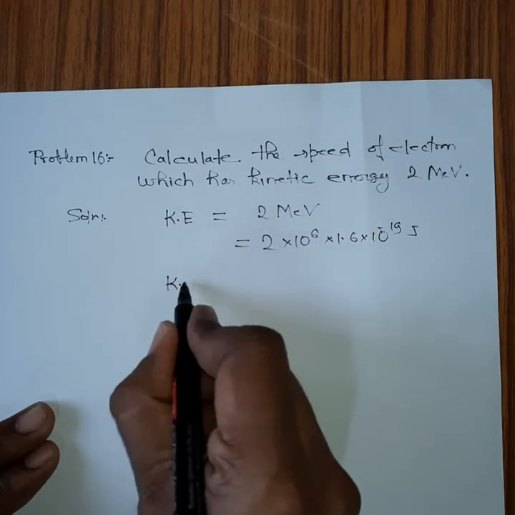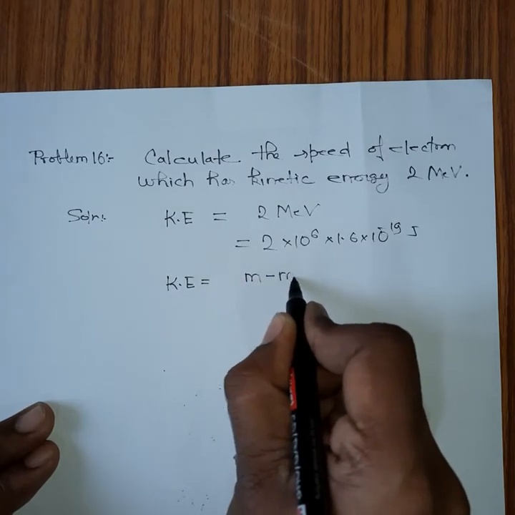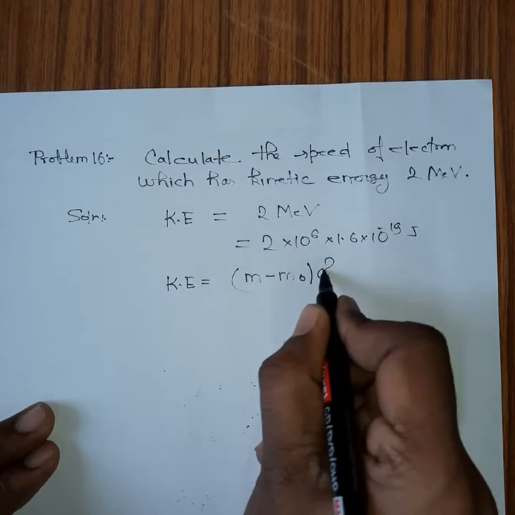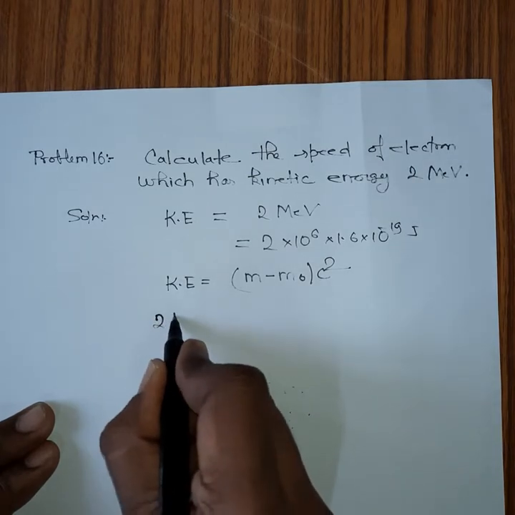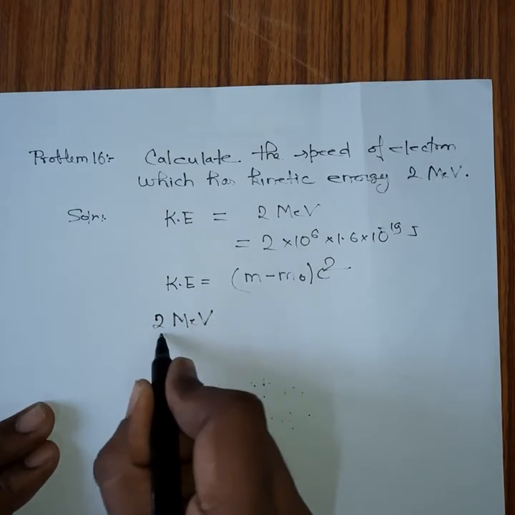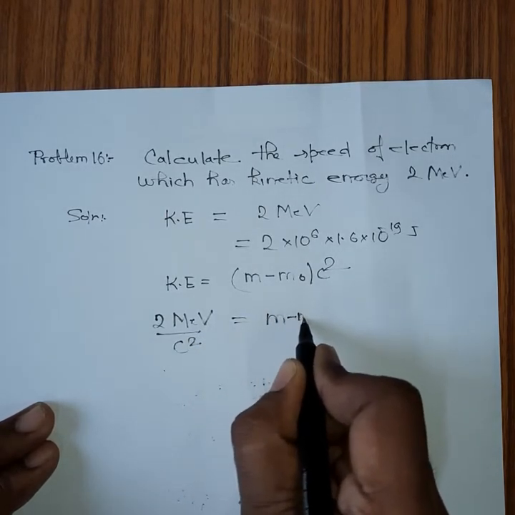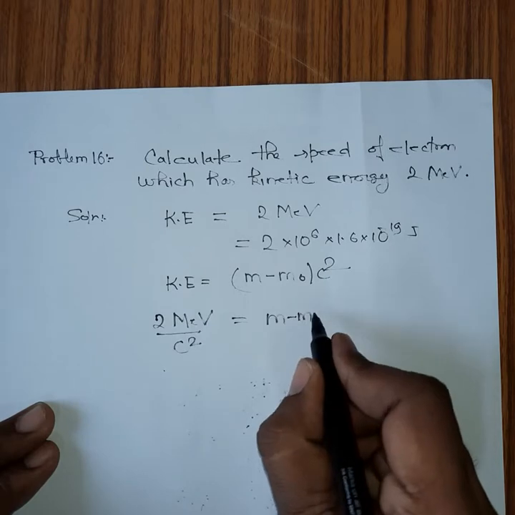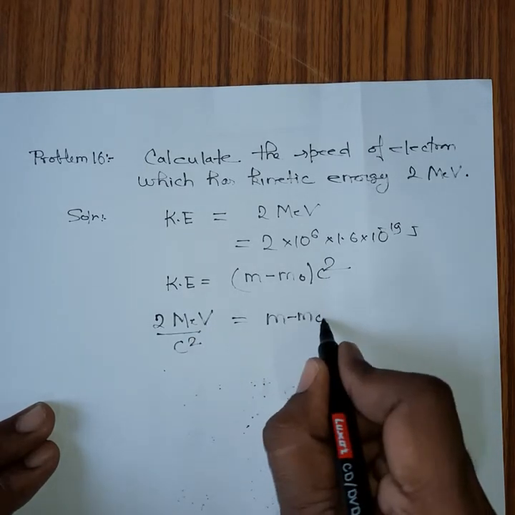In relativistic mechanics you know that kinetic energy is given by (m − m0)c². So kinetic energy, 2 MeV divided by c², is equal to m − m0.